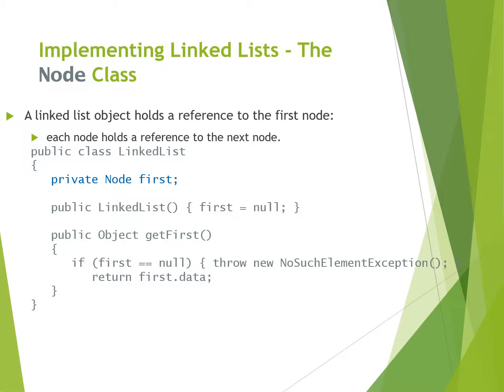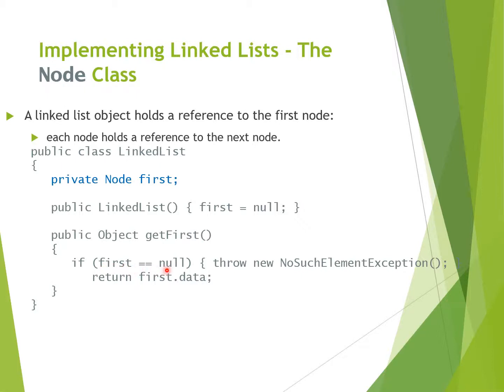And then there's a very important method, which returns the data in the first node of a linked list. This method is defined in the following way. It's a public method which returns an object. The method name is getFirst, and it first checks whether the linked list is empty or not.